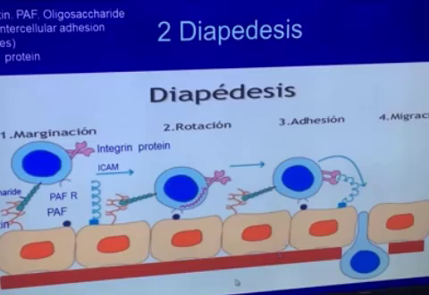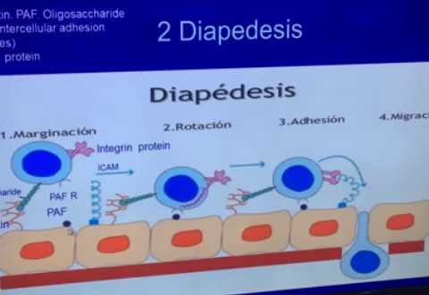In the endothelial cell, we have a protein called P-selectin, and it is produced normally. It remains in the cell and doesn't express on the cell wall, but when there is infection, this P-selectin appears on the surface of the endothelium.